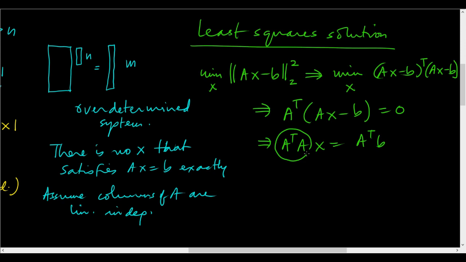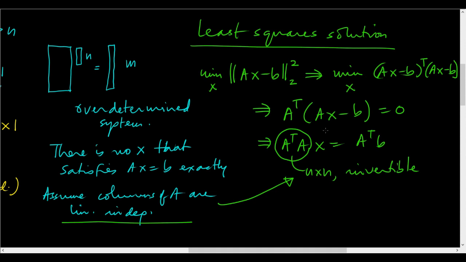This is n by n, invertible. Why is it invertible? If the columns are linearly independent, it will be invertible. Okay, so you may be familiar with this. If you are not familiar, please look it up.